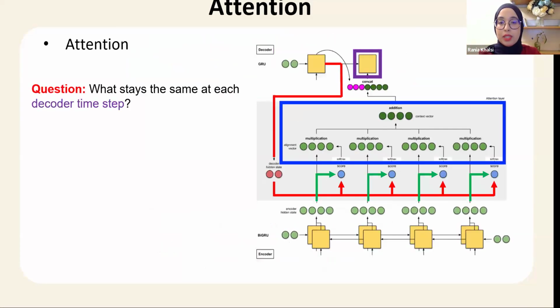And now, what remains unchanged at each decoder time step? This is a question you can pause the video and think about.